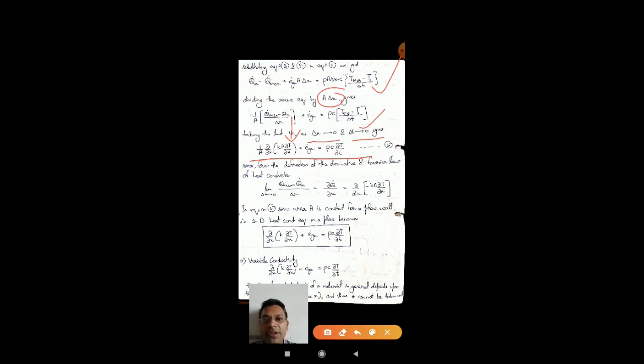And what is the value of q? Q is kA delta t by delta x. I have skipped two steps here, assuming that you know some fundamental mathematics, so the equation finally converts into equation 4.